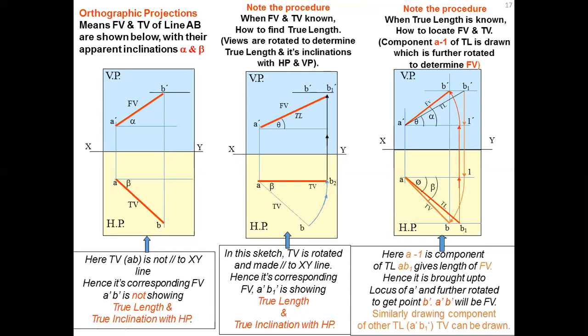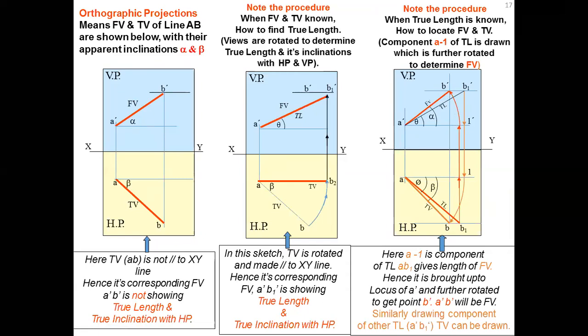To check your solution, this blue line BB dash should be straight. And the distance between this blue line and this blue line is called the distance between end projectors.